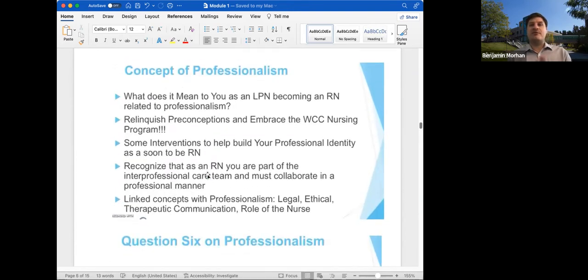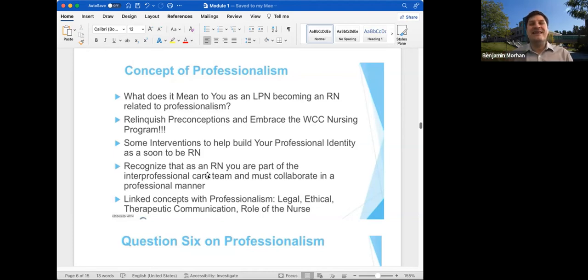The concept of professionalism, which is the first concept, is what does it mean to you as an LPN becoming an RN? As LPNs, you underwent professionalism and leadership in your LPN program as well. But now what does it mean at the RN level? Some of you are probably thinking, well, it means the same.